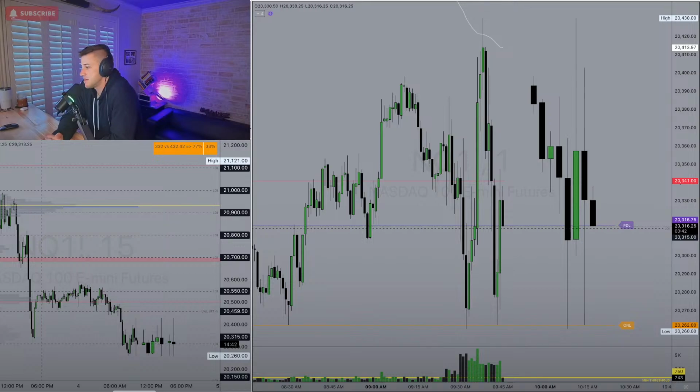So main focus remains, no updates there. We're looking at 315. We're looking at overnight low. We're 15 minutes into the session. Opening 15-minute bar is a doji.